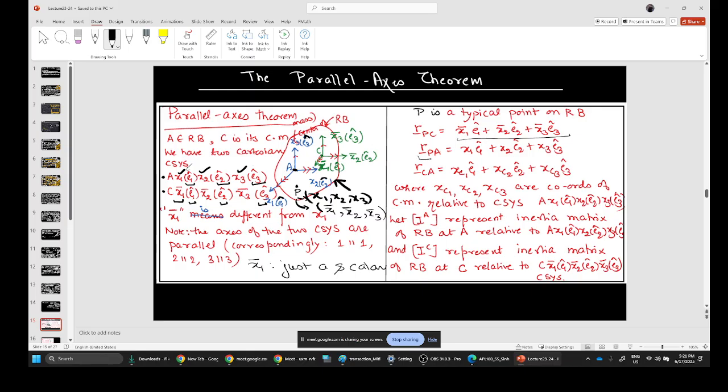And the vector RPA, if I have to express, I can write it as x1 E1, x2 E2 and x3 E3.